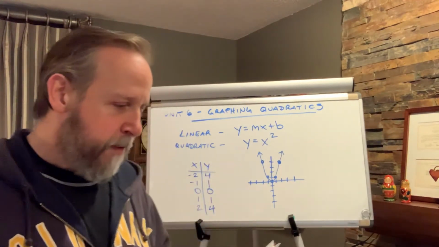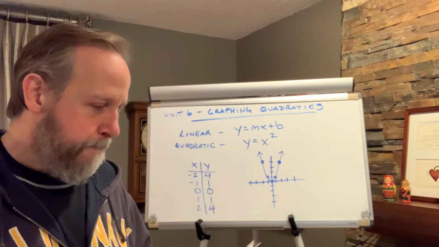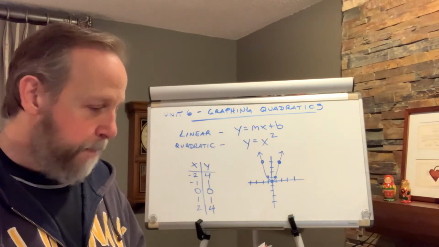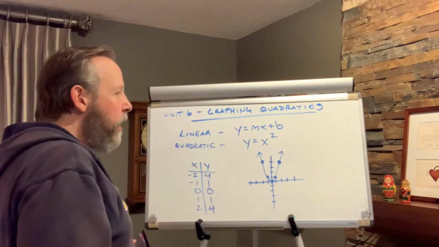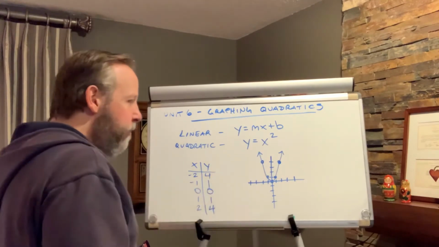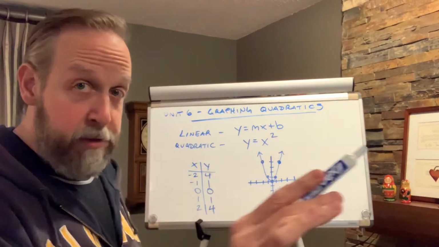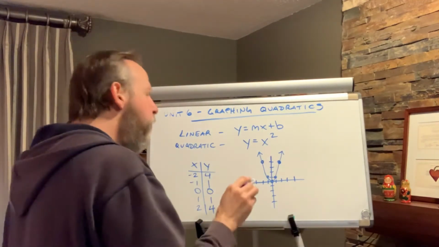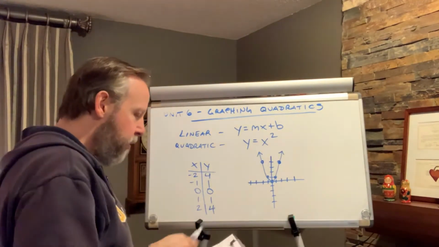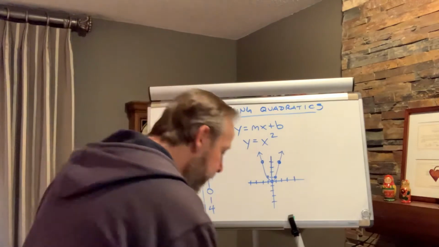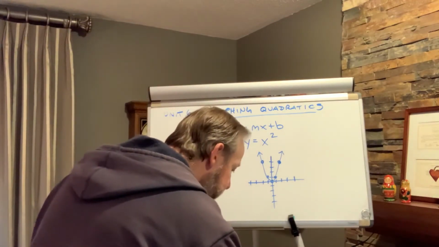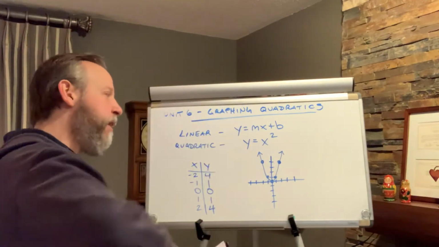Let's do a quick for instance. We can see in the parabola that, and again, we read it left to right, like we read English, okay? So as we move from the left to the right, I want to ask you if you could tell me what's happening.